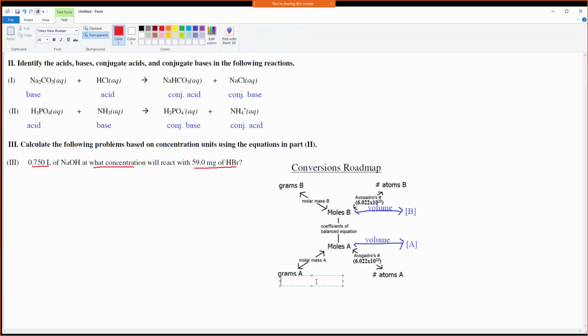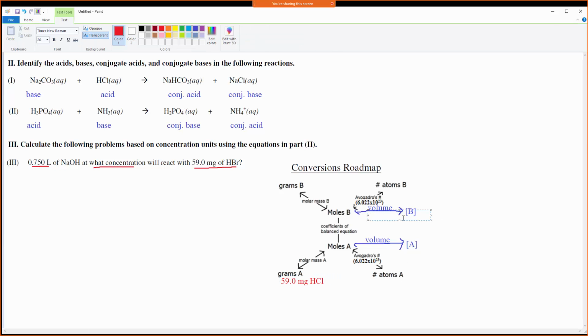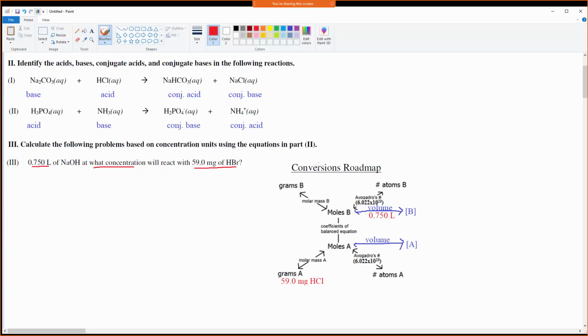So if we said A was acid, 59 milligrams of the acid is going to go down here. And we have 0.750 liters of the base. And this is our target right here, the concentration of the base. Does that make sense? Do you see that?